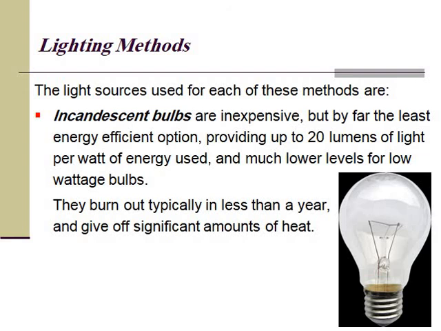Let's begin talking about the incandescent bulbs, which are inexpensive but the least energy efficient option, because these bulbs provide up to 20 lumens of light per watt of energy used and much lower levels for low wattage bulbs. These bulbs would burn out in less than a year and give off significant amounts of heat.